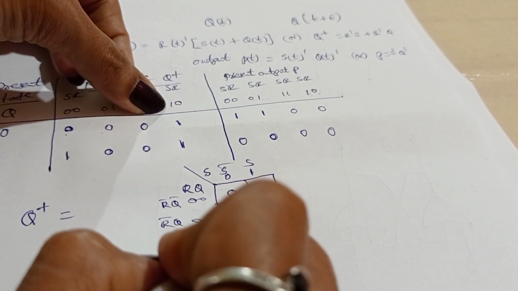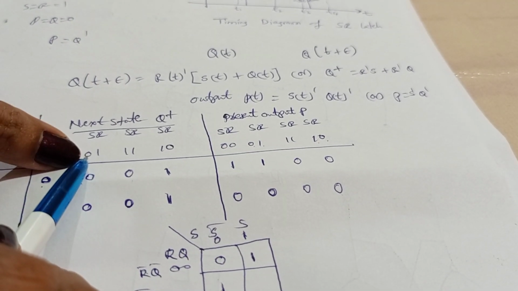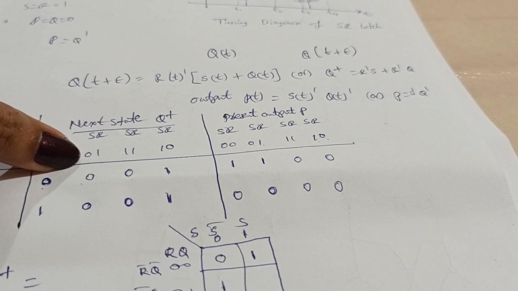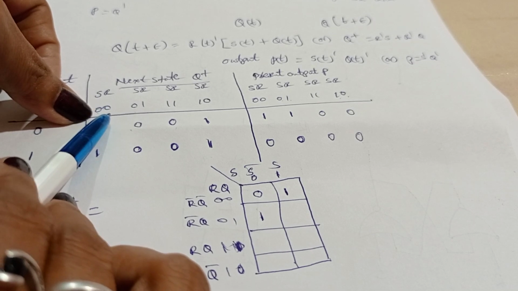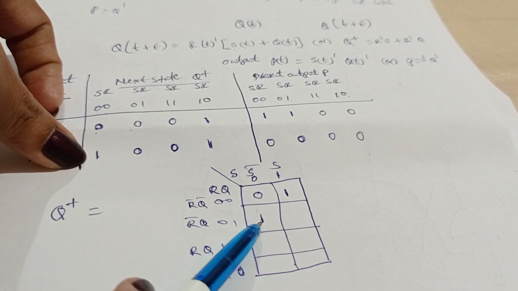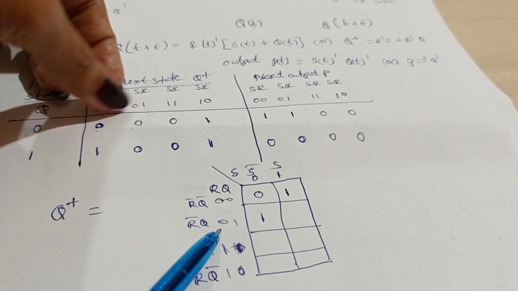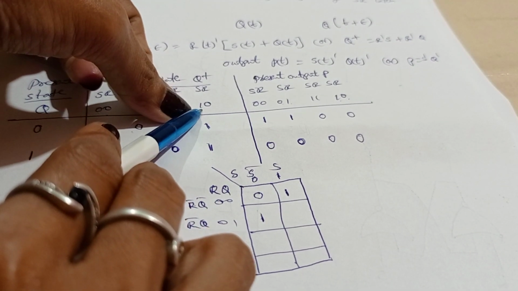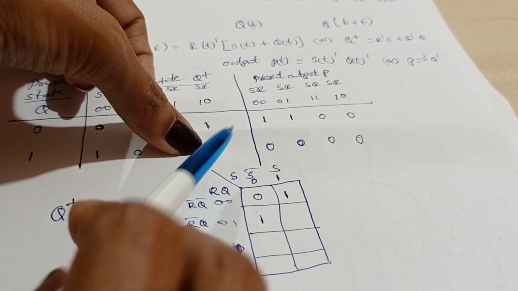Next S0, R0 and Q1, 1. Next here S is 1 and R0 and Q is 1. S1, R0, Q1. Now place 1.